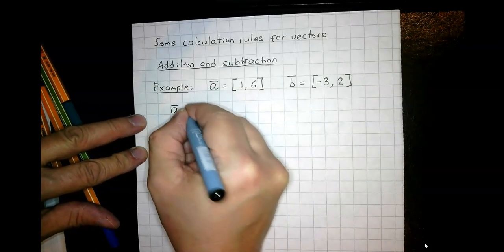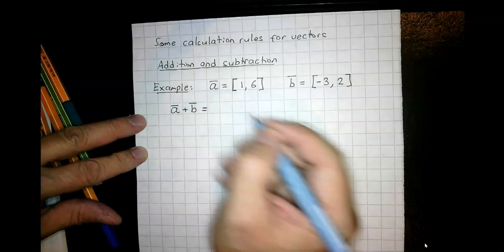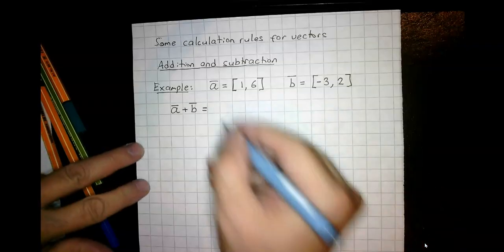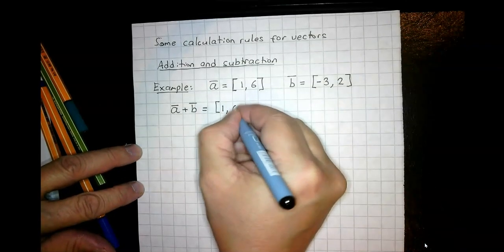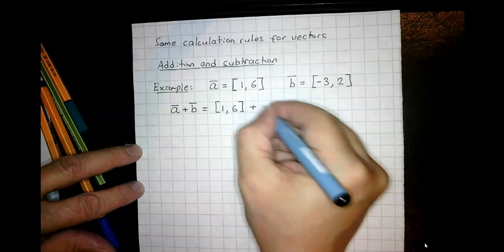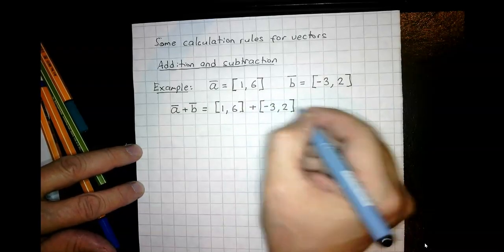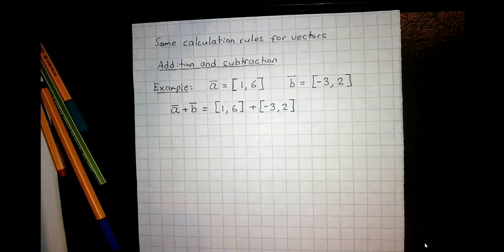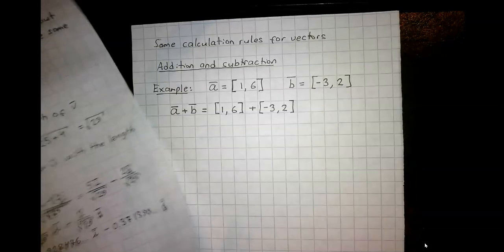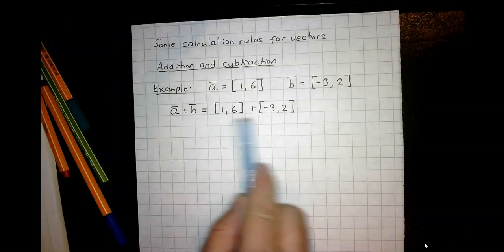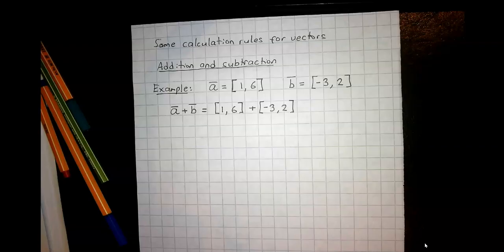So when we add these vectors A plus B, we get the sum of these vectors. I many times use these brackets in vector calculations because they are so much quicker than using these I and J unit vectors. It is much easier to use this method.